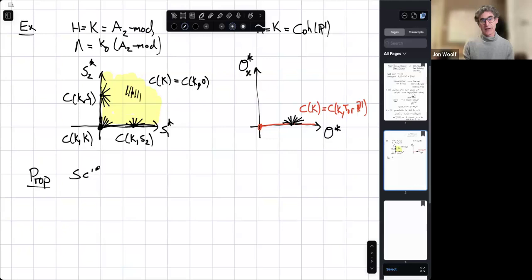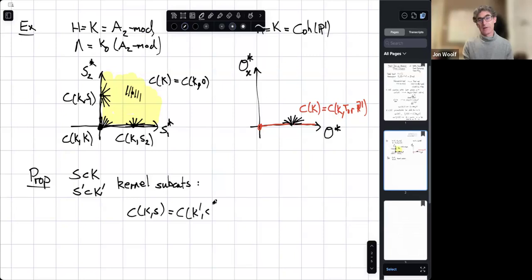If I have a kernel subcategory S in K, and then I have another intermediate heart K prime and another kernel subcategory, and it's very important that these are kernel subcategories, not just any old subcategories, then I can ask, when are the corresponding faces of the two heart cones the same? And there's a very nice answer, and it's when the thick subcategories generated by these two kernel subcategories agree.